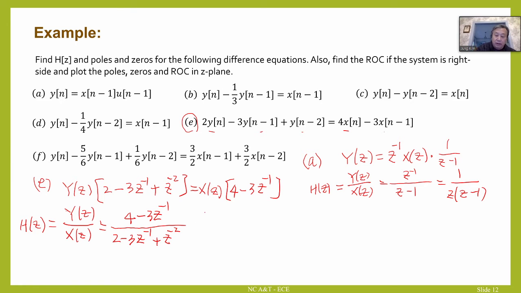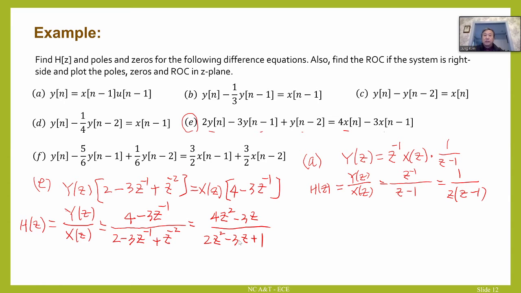This is a causal form; to make it non-causal form, because this is second order, each term is multiplied by z squared. So this is 4z squared minus 3z over 2z squared minus 3z plus 1.